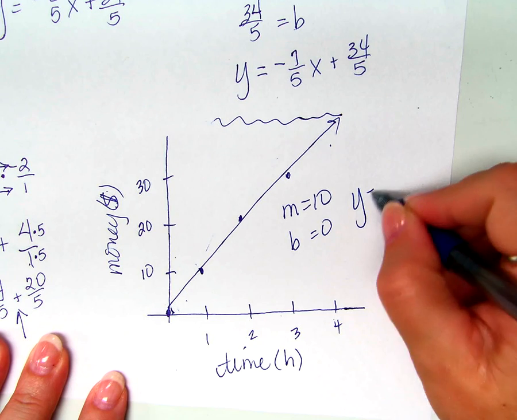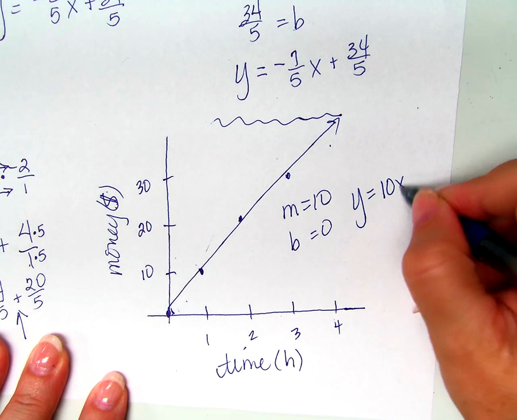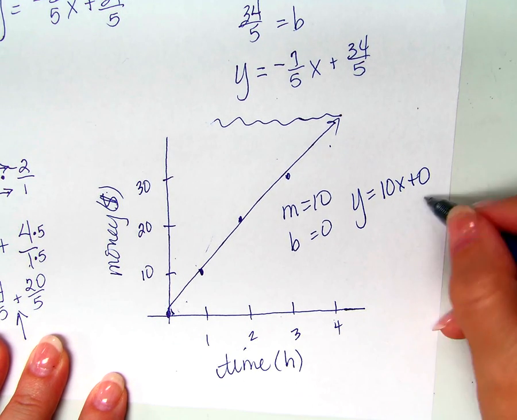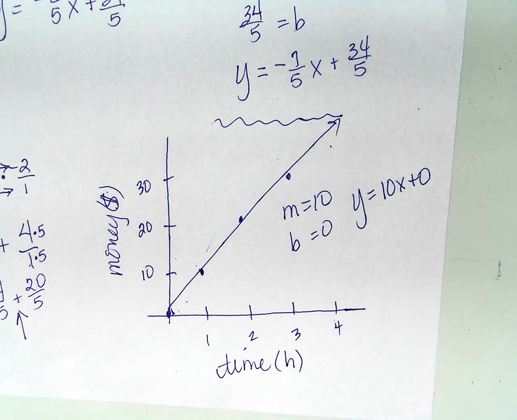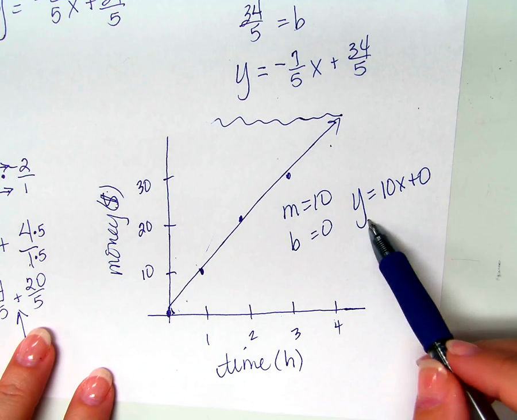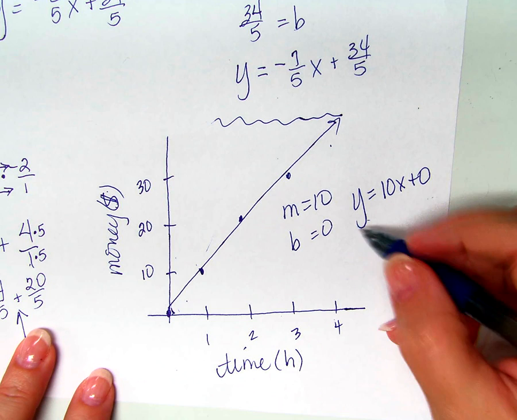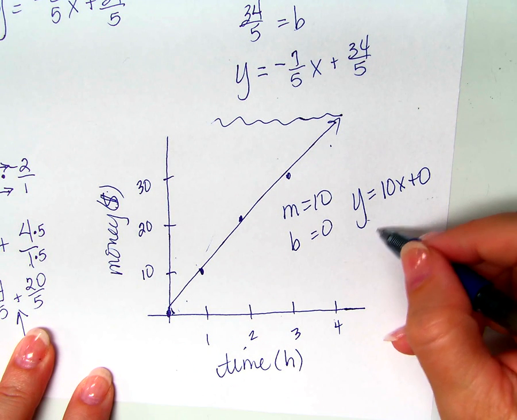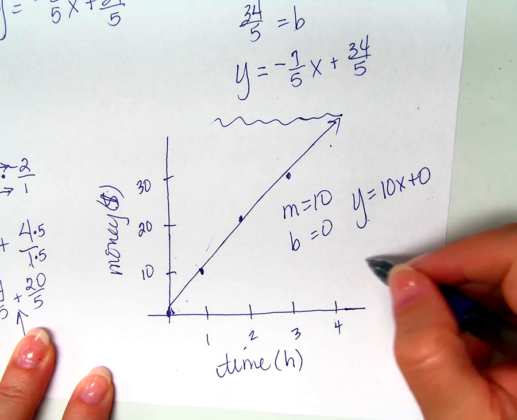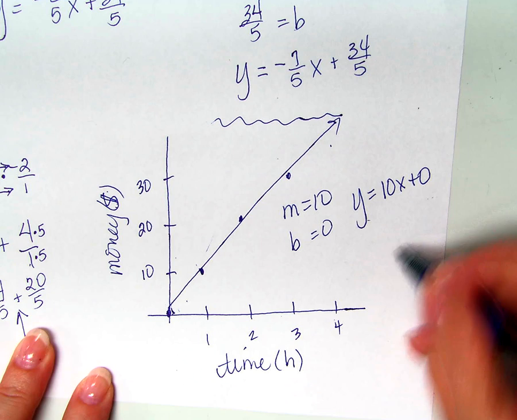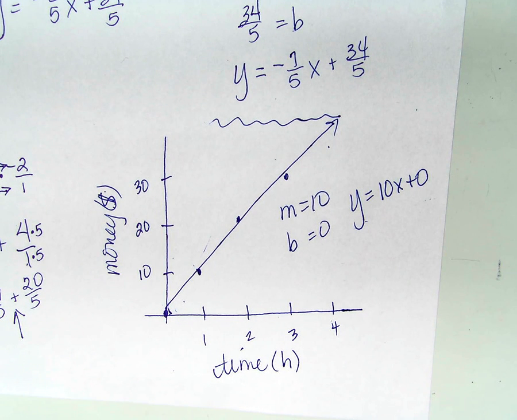So the equation of the line is y equals 10x plus 0, or just y equals 10x, right? Okay? So there's my equation of my line, and then interpreting the slope, I would write, as each hour passes, the money increases by $10. Is that clear?